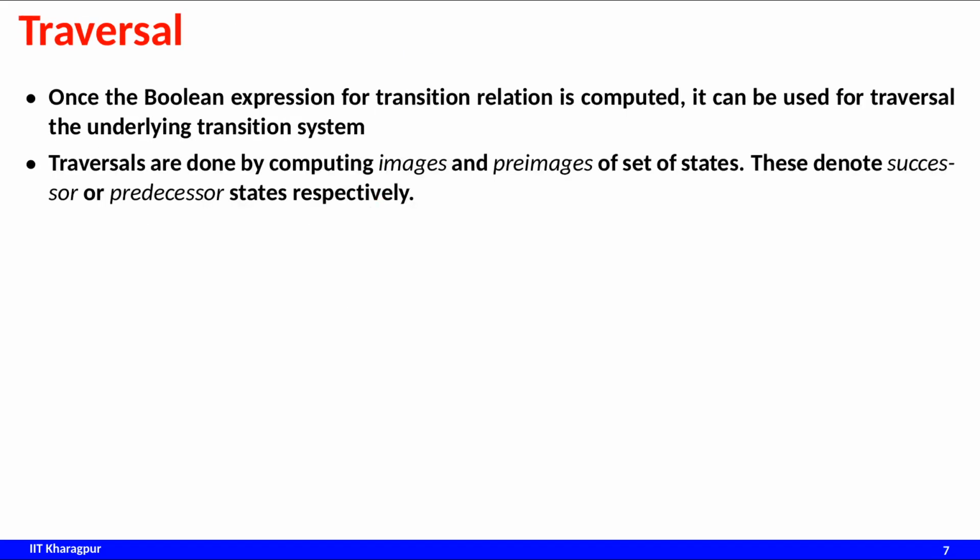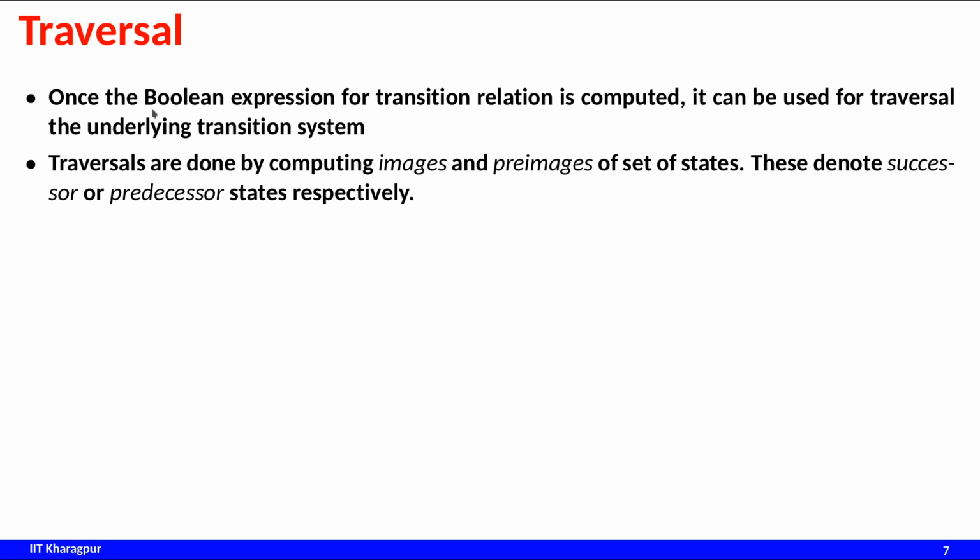Now once we have this transition relation, we need to do a traversal, because unless we traverse the transition relation, we will not be able to figure out whether the property is satisfiable or not.